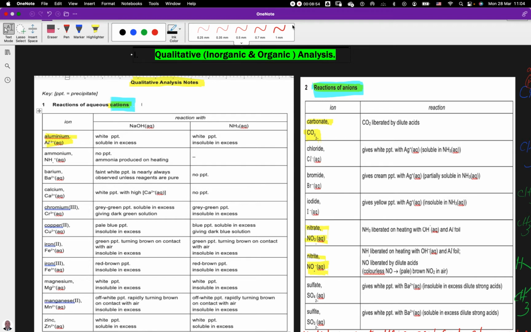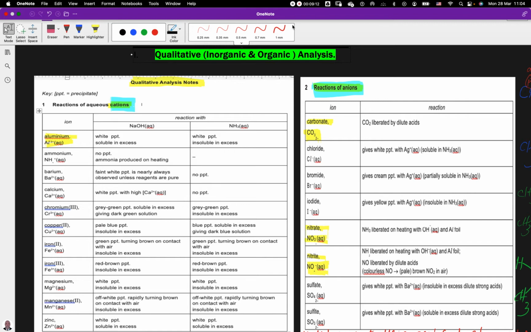Nitrate or nitrite anions give ammonia on heating with sodium hydroxide and aluminum foil. They will release a gas.